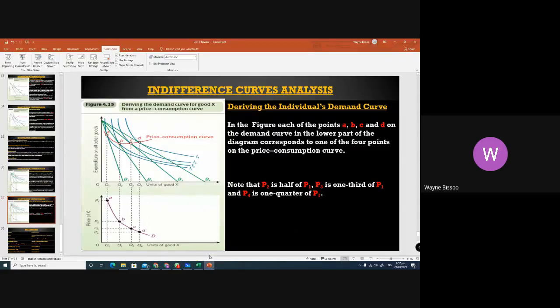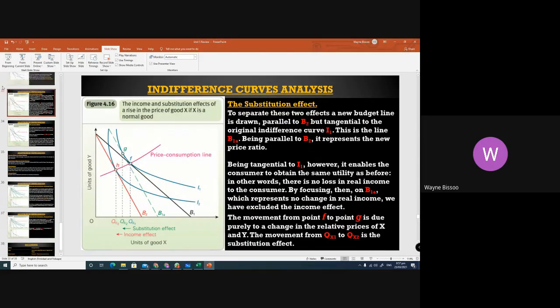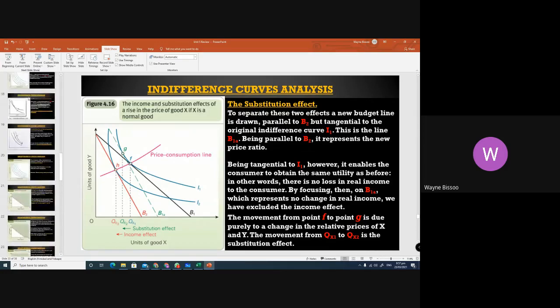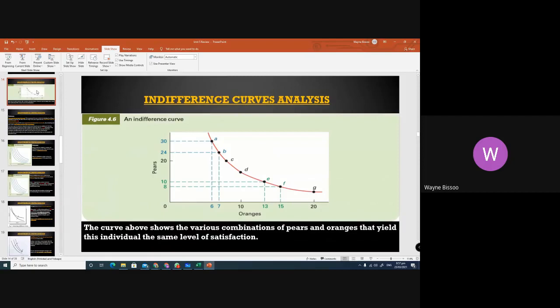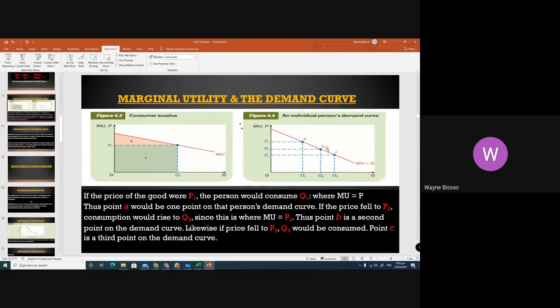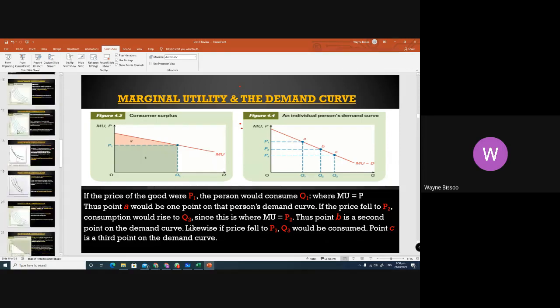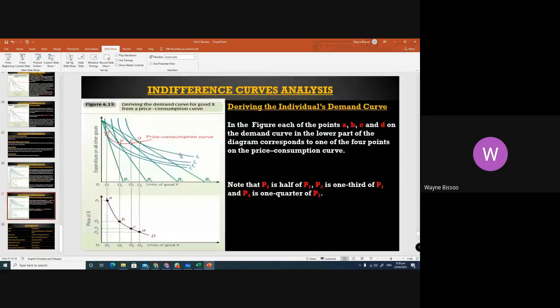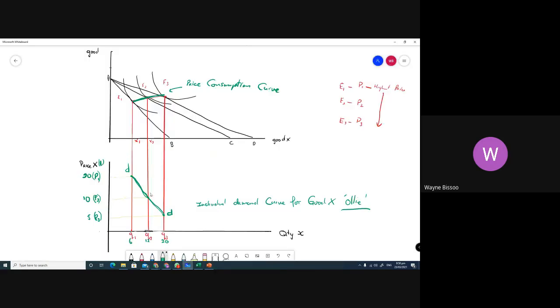So the demand curve derived in the marginal utility theory is the same. There it is here, an individual demand curve from marginal utility theory. It is the same shape as the one that we see now coming up with the price consumption line from this curve. Making sense? Everybody's seeing that here. So the technique is the same across the board.